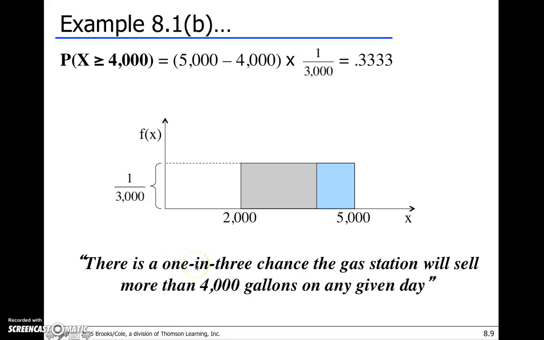There is a 1 in 3 chance that the gas station will sell more than 4,000 gallons on a given day. That is, there's a 33% chance that the gas station will sell more than 4,000 gallons on any given day.